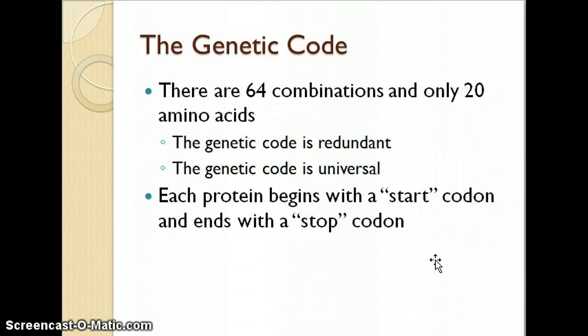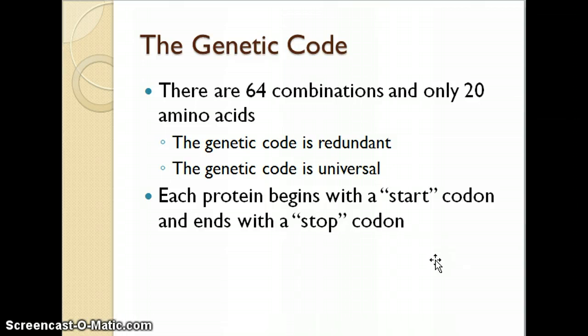Since there are 4 different RNA bases, A, U, C, and G, and codons are 3 base sequences, there are 64 different combinations of bases that can make up 1 codon. However, there's only 20 amino acids, which means that each amino acid has a few different codons that code for it. So we could say that the genetic code is redundant.